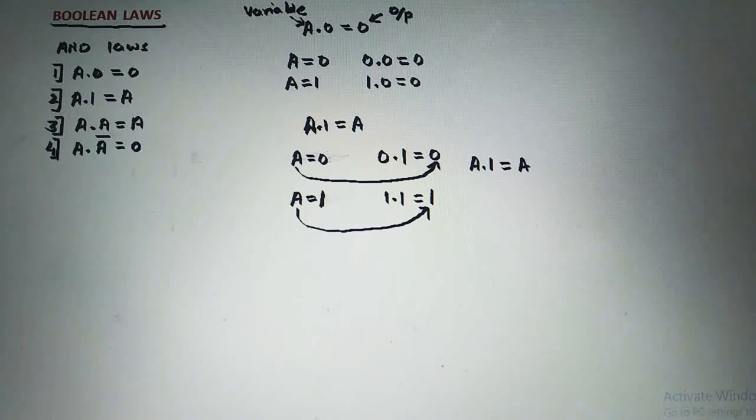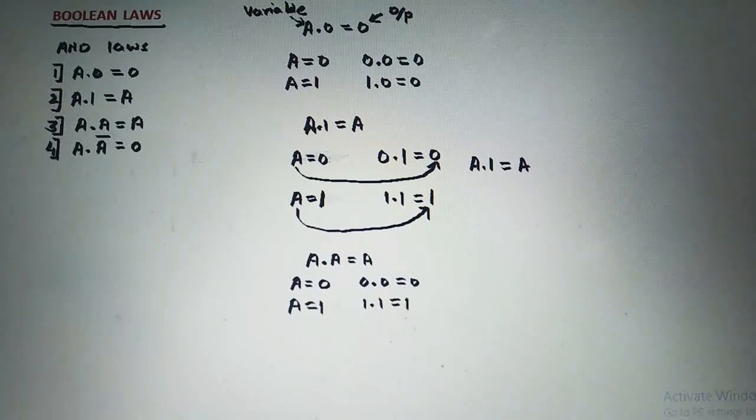Now we prove the third law first. Putting A equal to 0, 0 dot 0 is equal to 0. Putting A equal to 1, 1 dot 1 is equal to 1. So at the output we get the value of variable A. Because of that, A dot A is equal to A.